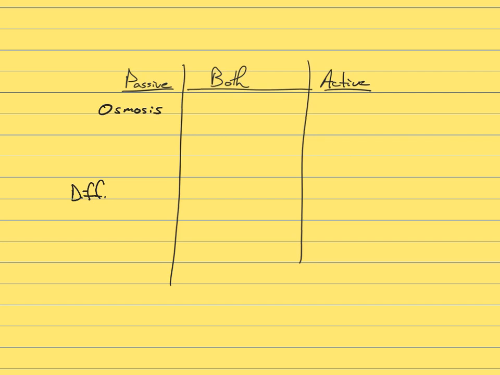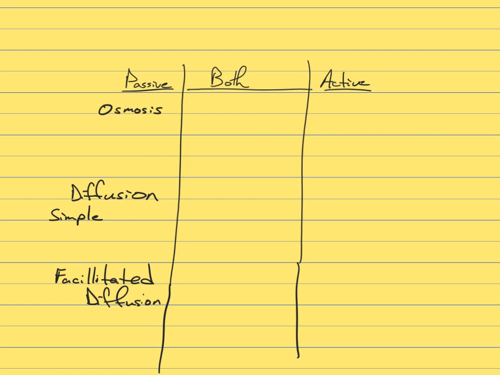I mean, it's your answer. All right, so we have diffusion, and of diffusion we can have either simple diffusion, and we can have facilitated diffusion. Is that all right? Everybody okay with that? All right.